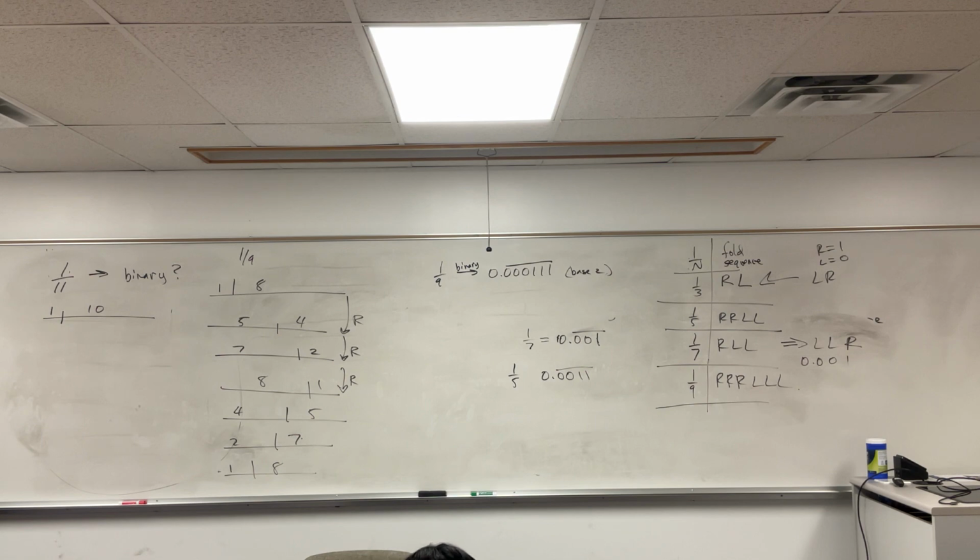So let's see, our fold sequence was R, L, that was an L, right? Oh, so this is an R, then an L, yeah, then an L, then an R, and then R all the way home. Wait, I got 0.010111.